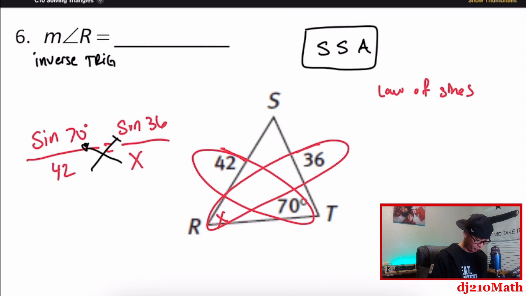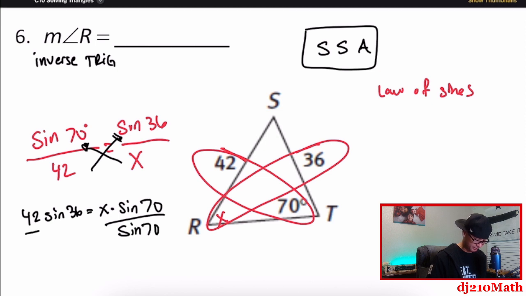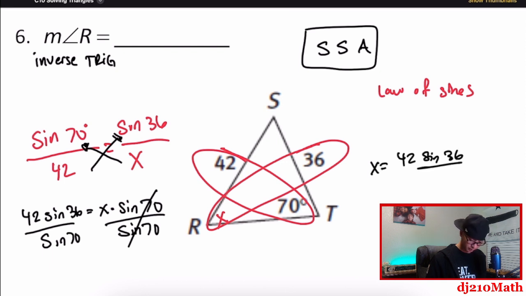This is 42 sine 36 is equal to x times sine 70. Isolating x, we get x is equal to 42 sine 36 over sine 70.